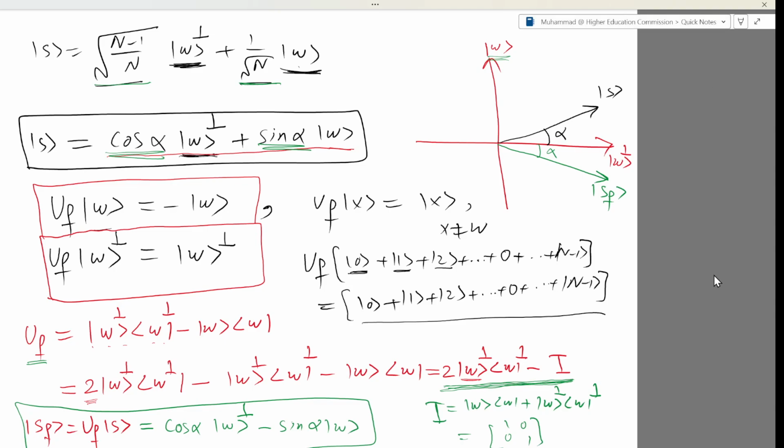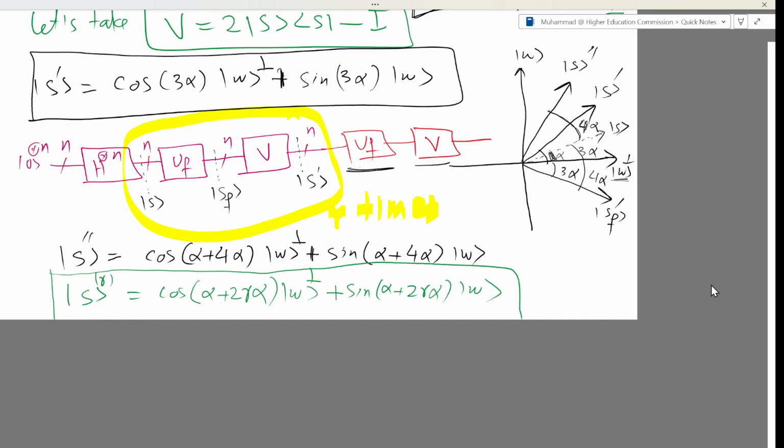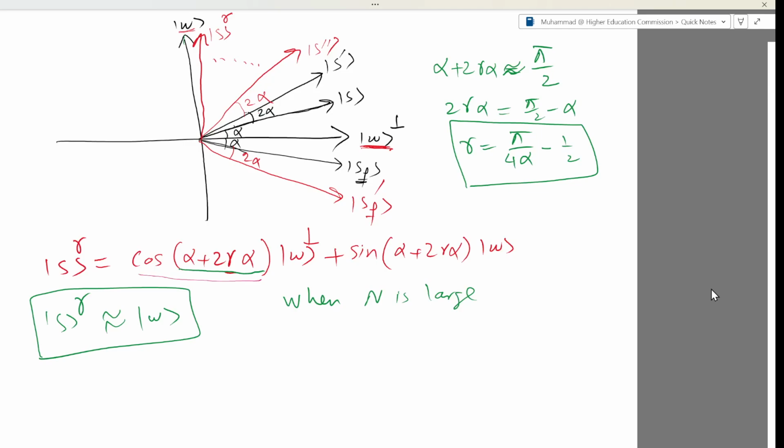So let's come here. So α is sine inverse of 1 over square root of n. So when n is large, I can approximate α like this.